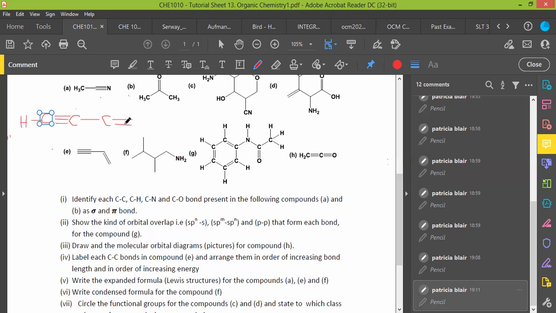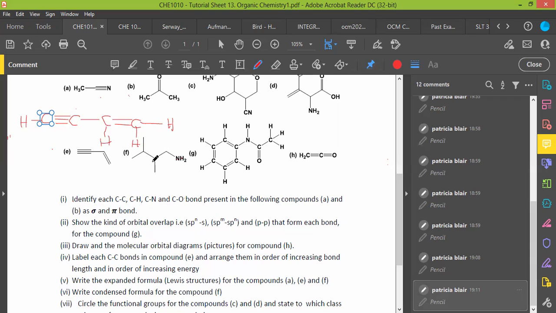If you check, it has 1, 2, 3 bonds, meaning there is one remaining that goes down or up, which is a hydrogen atom. So if you check 1, 2, 3, 4, the number of bonds of the carbon atoms has added up to the octet. And then for this carbon, just 2 bonds, meaning you have a bond there and a bond there. This is the expanded.